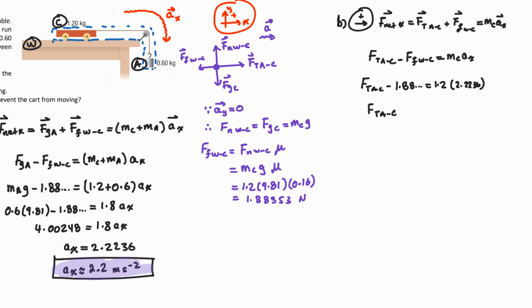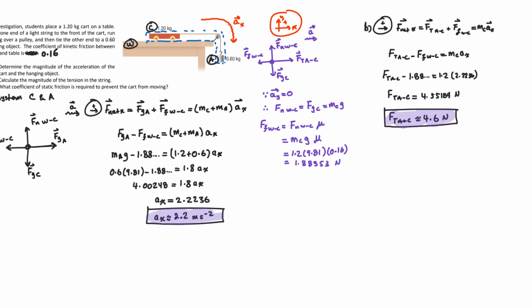And once I add 1.88 to both sides, I will get 4.55184 newtons. If I want to represent that using the proper number of significant figures, I'm going to go with 2 significant figures, and that's going to be 4.6 newtons. And I will highlight my answer. Perfect. I have found my answer for part B.